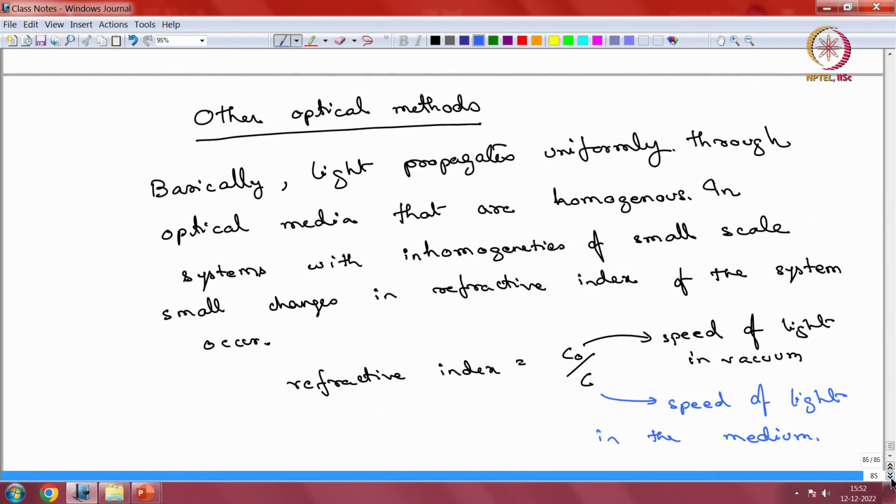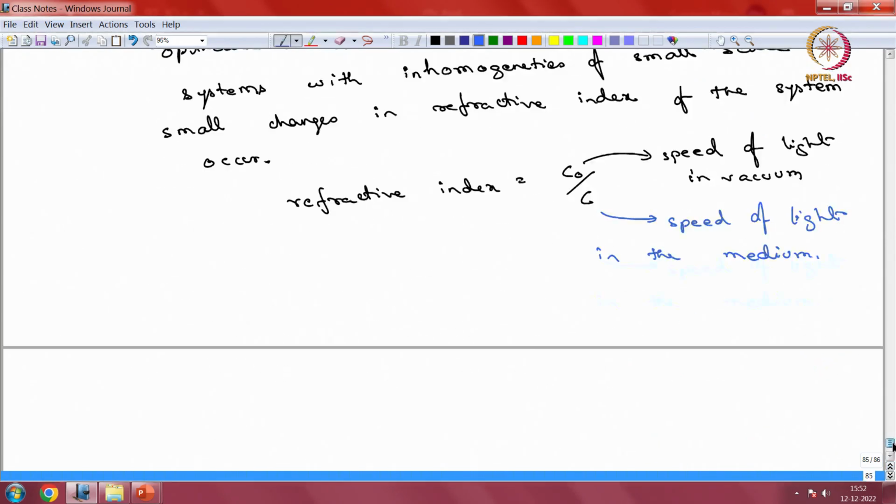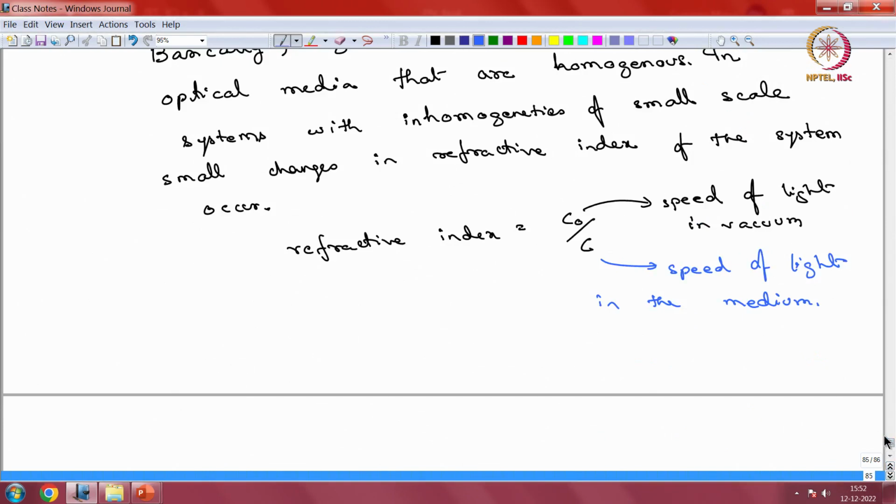Now, these differences of refractive index that can occur for systems which have these small inhomogeneities need not be very high.